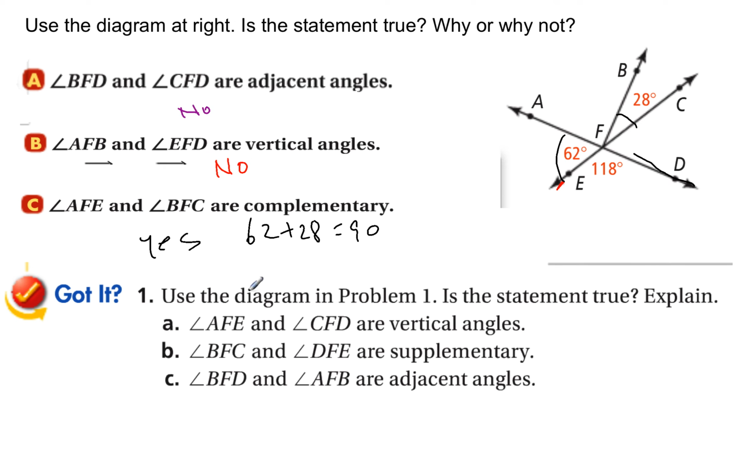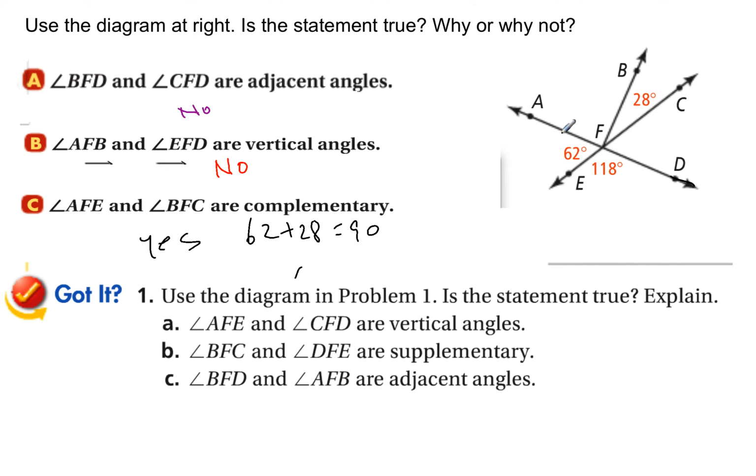Okay. Use the diagram in problem 1. Is the statement true? Explain. So again, we are going to erase what we've got here, and let's take a look at the questions. First one says AFE and CFD are vertical angles.